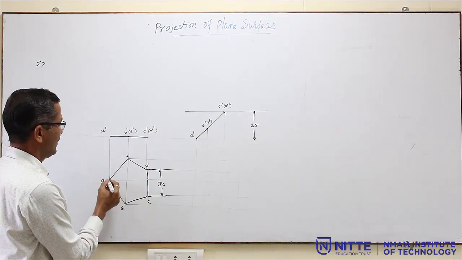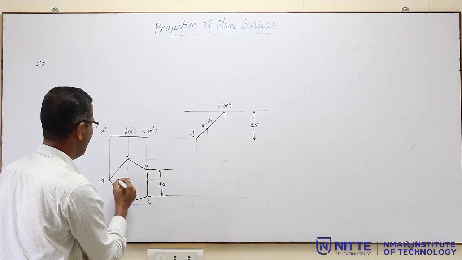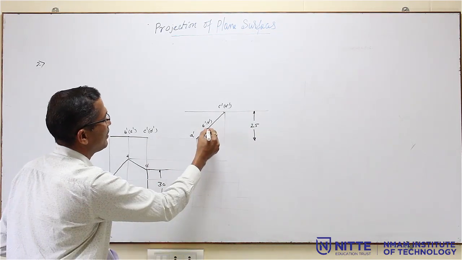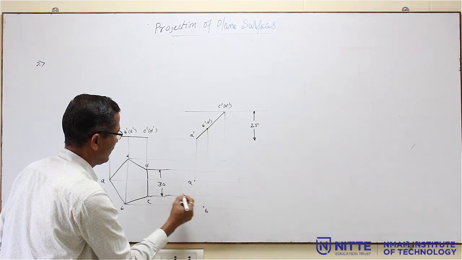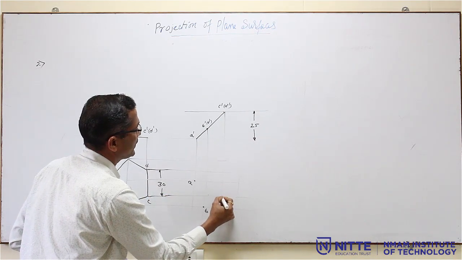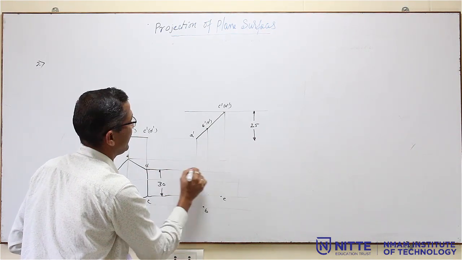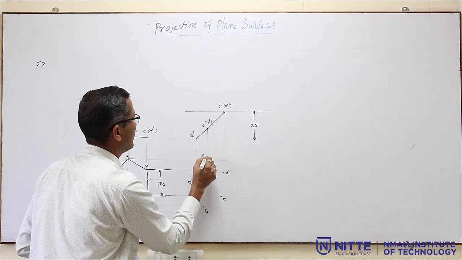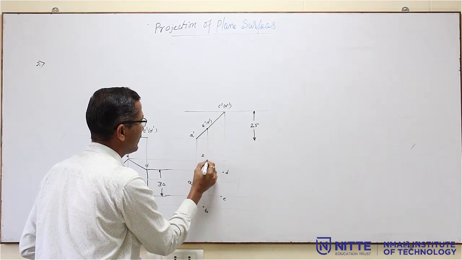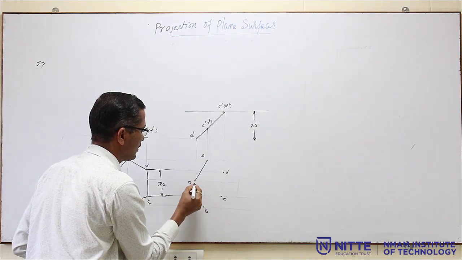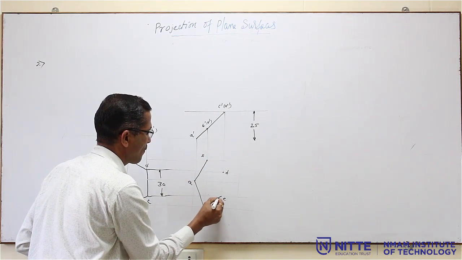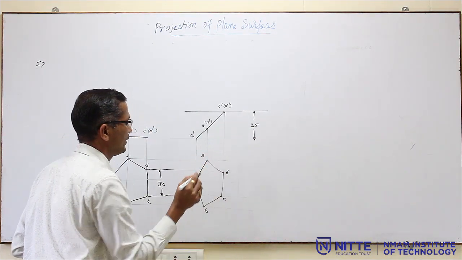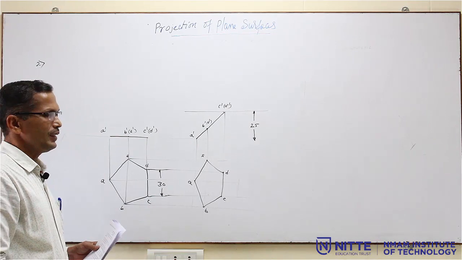And mark the points, start from A dash and A, this is A, B dash, then C is here and D, and this is E. Join A, B, C, D, E. Like this.